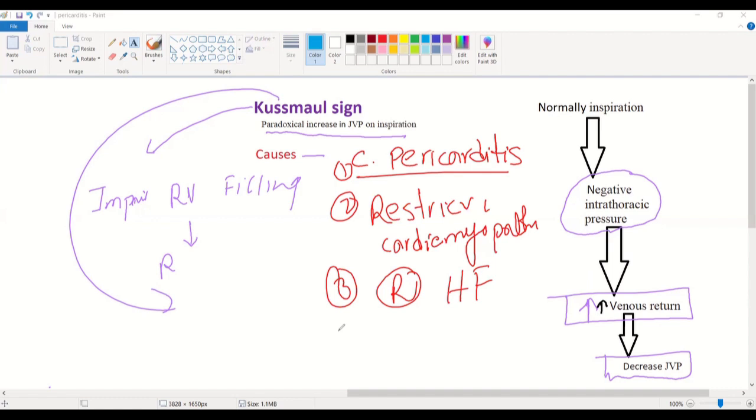It may also be present in pulmonary embolism. So you have to identify the Kussmaul sign in the clinical vignette, and they ask about the causes of the Kussmaul sign, right? Constrictive pericarditis is again high yield stuff.